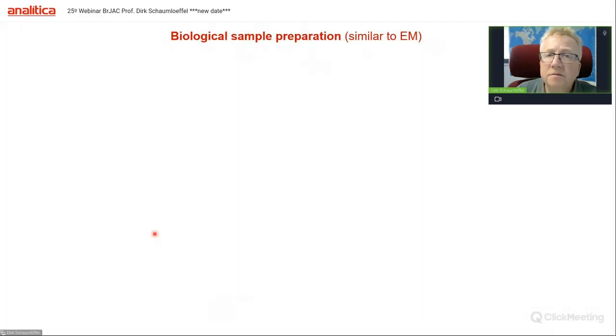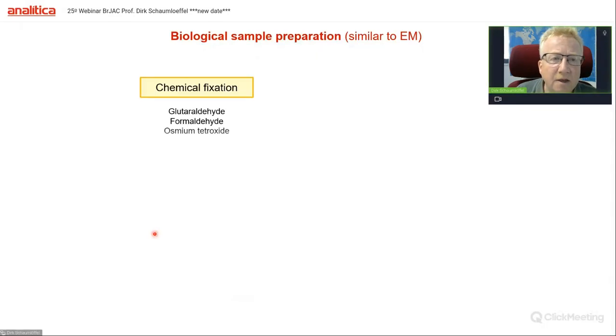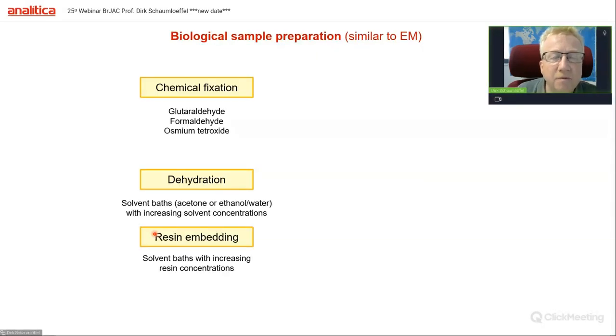The general preparation scheme in electron microscopy is a chemical fixation of the cells, like glutaraldehyde, formaldehyde, osmium tetroxide, dehydration with different solvent baths, acetone or ethanol, and then resin embedding, also with solvent baths with increasing resin concentrations.